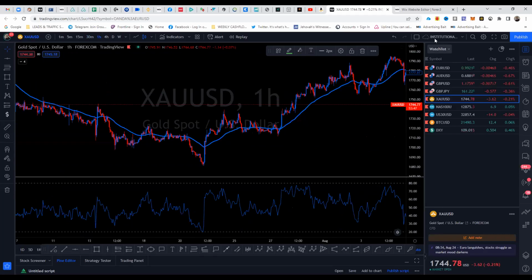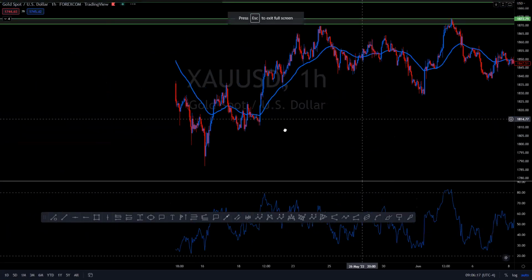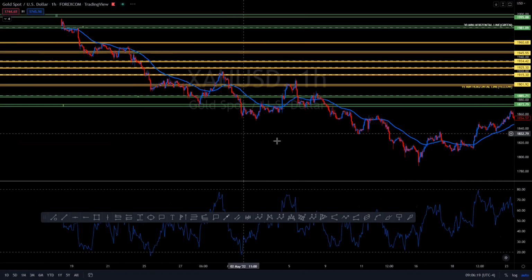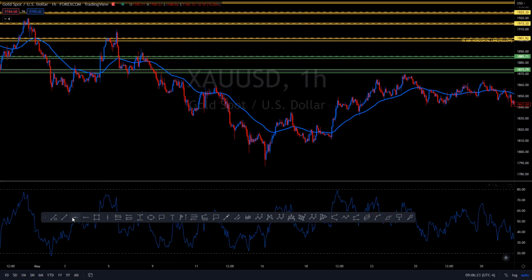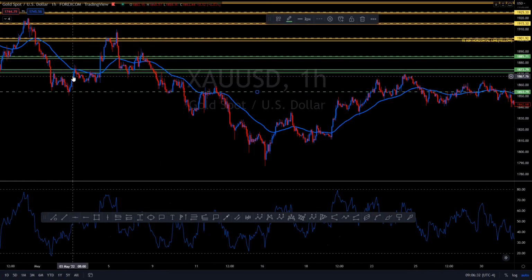Now we're going to go to the 1 hour. We're going to do the same exact thing. So we're going to get these areas here. When I analyze price, price respected this last zone and pushed price down to here to push up to respect this zone.